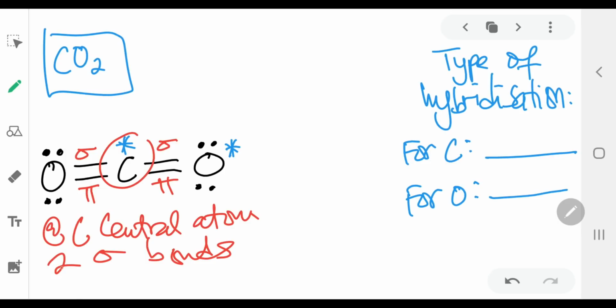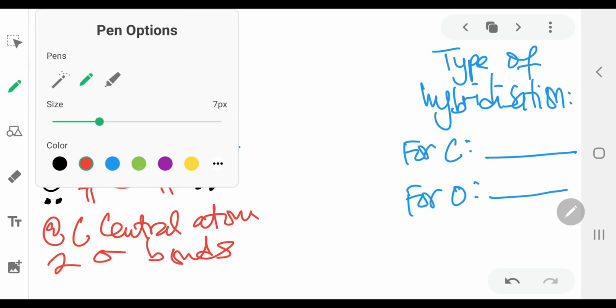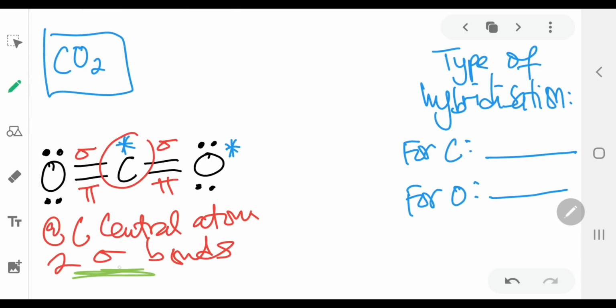So we're just going to take the 2 sigma bonds. 2 sigma bonds means you have 2 lobes. 2 lobes means you have SP. So for C, the type of hybridization is SP.